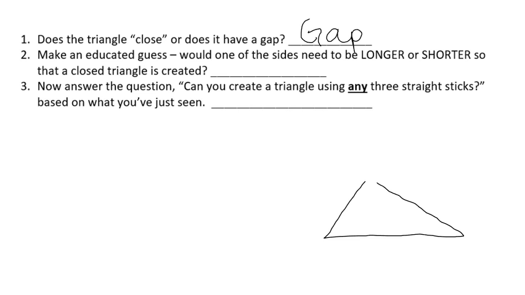My guess is that one of the sides would need to be longer. And the reason I think that, and I'll show you here with my pen, is if I took this side and made it just a little bit longer, and this side a little bit longer, you see there that our gap goes away.